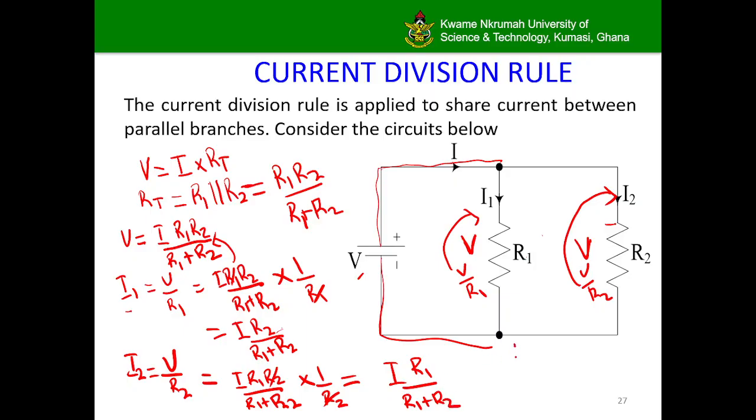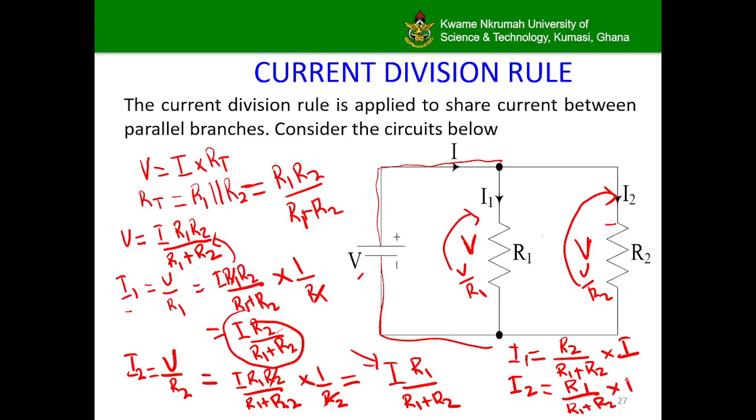What that means is that our I1 is simply equal to R2 over R1 plus R2 times I, and our I2 is equal to R1 over R1 plus R2 times I.